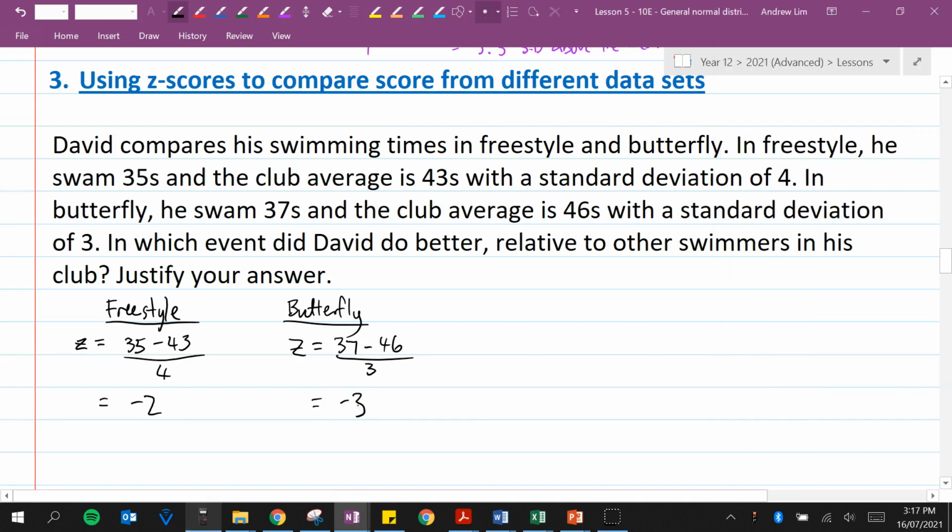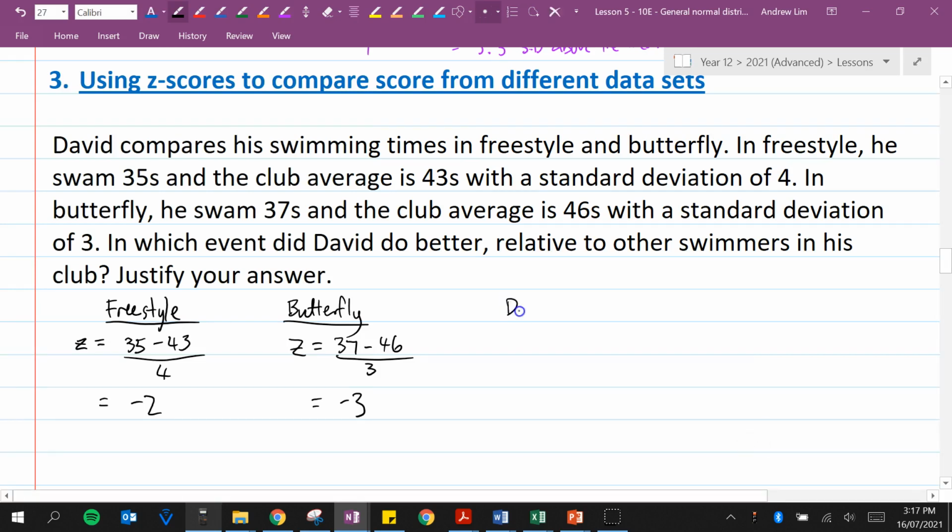So in which event did David do better? Well, you're tempted to think that he did better in freestyle because -2 is bigger than -3. But in the context of this question, we can see that at negative, the more negative the z-score is, the better it is, because it shows that he's faster compared to the other swimmers.